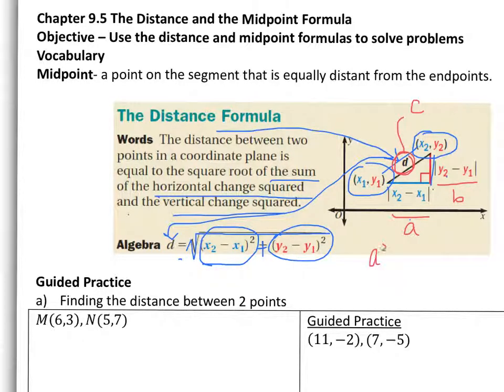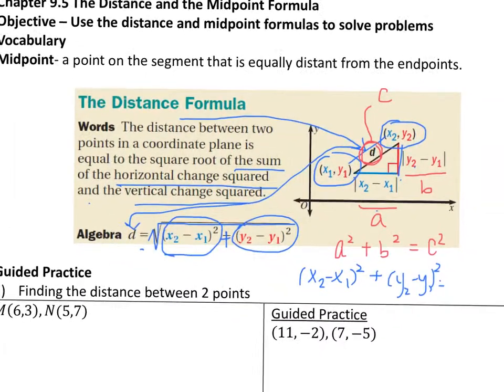If I use the Pythagorean theorem, I can prove the distance formula. So A, I can rewrite as x2 minus x1 squared. B, I can rewrite as y2 minus y1 squared. And then for C, I'll simply write D squared.